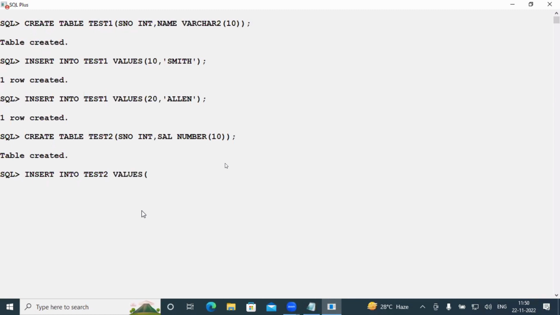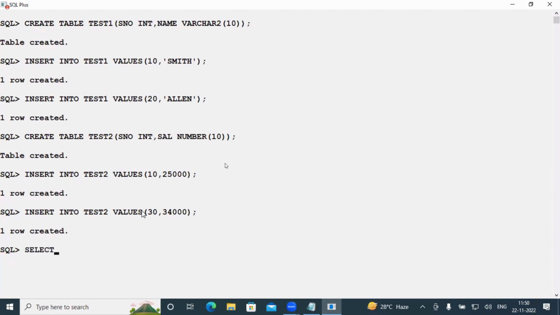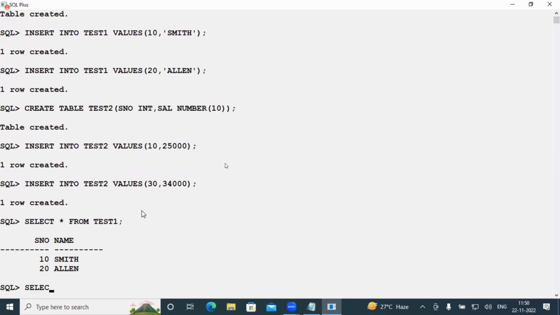Values: I'm passing 10 and 25,000 salary, then 30 and 34,000 rupees. So your two tables I designed here, test1 and test2. Test1 table has this information, and test2 table has this.